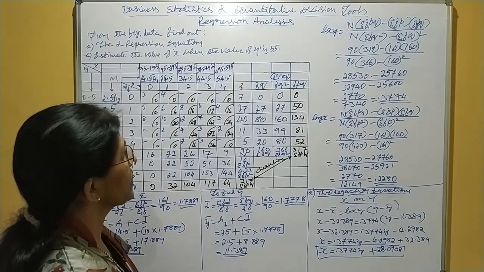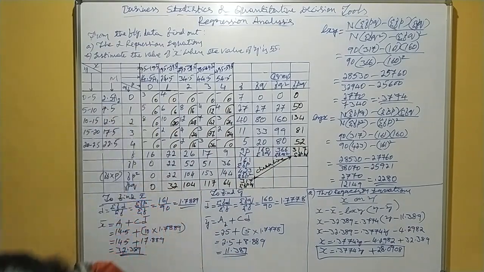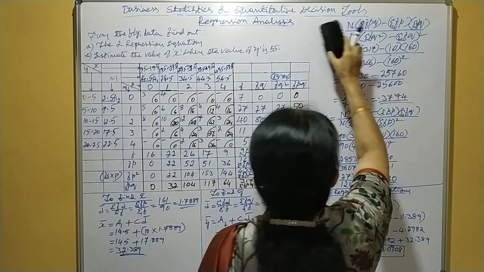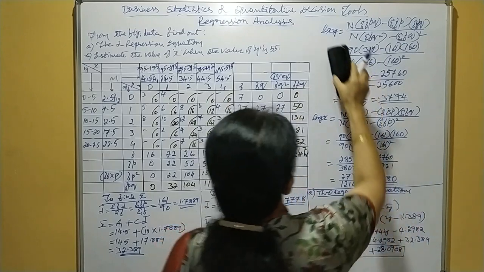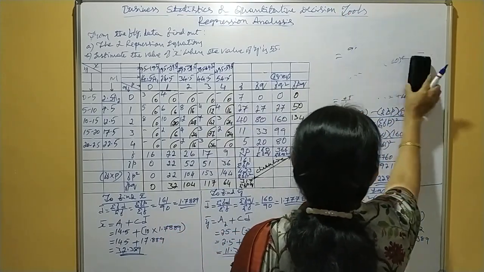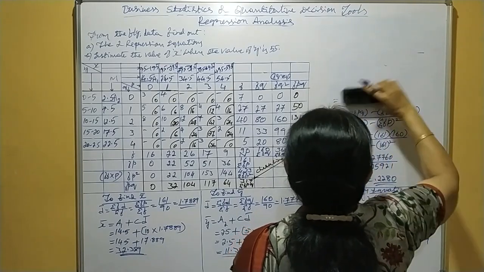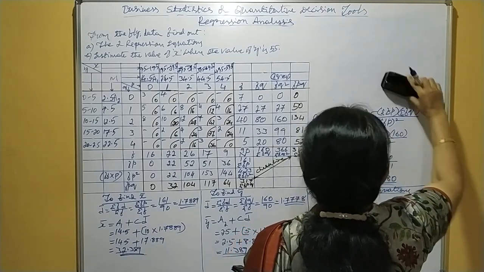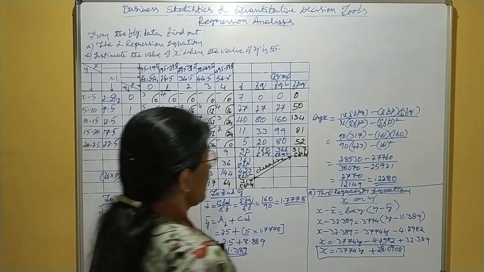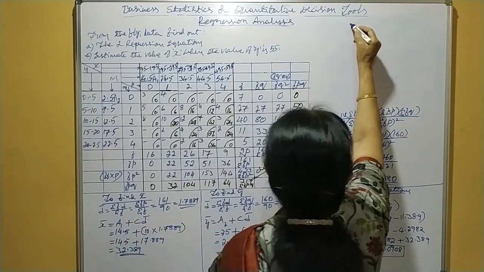Now one more regression equation is y on x. Now I am rubbing this one; bxy is over. Now take the regression equation of y on x.